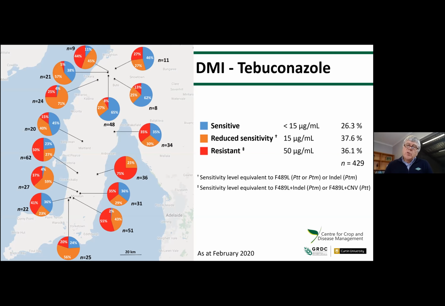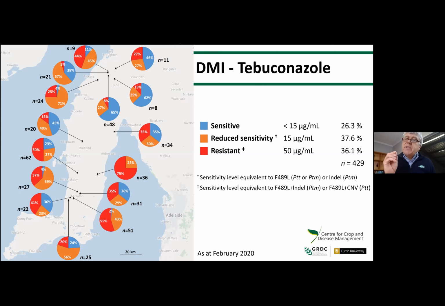The same isolates were also tested to see what their susceptibility to the DMIs was like. And this was even more shocking, in that tebuconazole had certainly moved, such that there was an indication that whilst other DMIs might not be affected to just the same extent, there was certainly evidence that the population of net form of net blotch, net form, not spot form in this case, had actually moved from being sensitive to the DMIs to having a high level of reduced sensitivity, and in the case of tebuconazole, resistance.